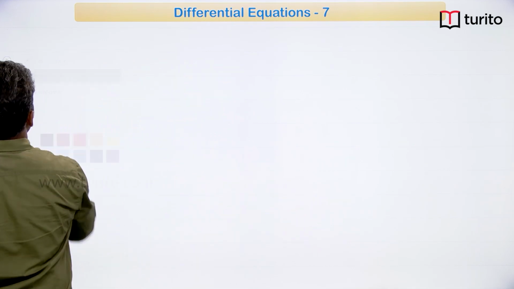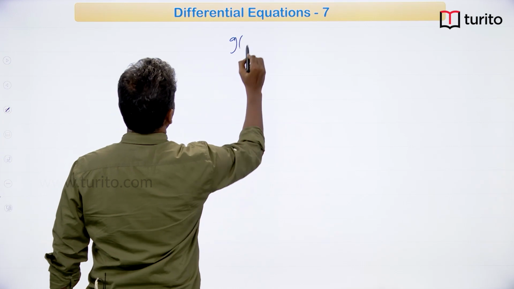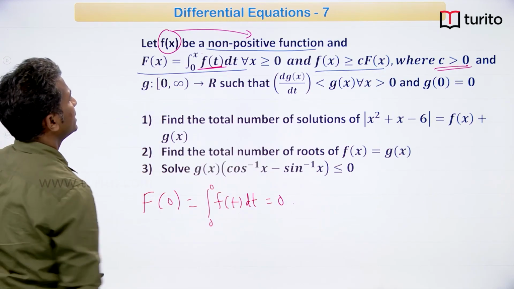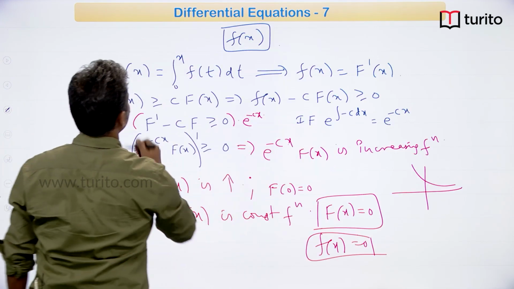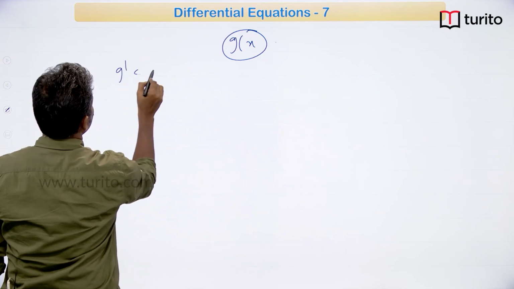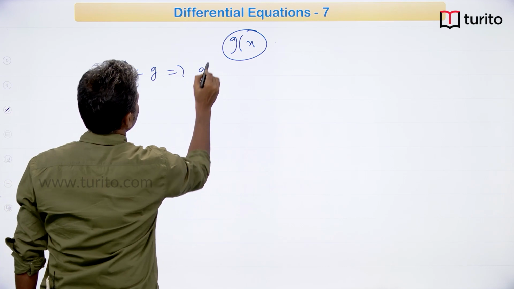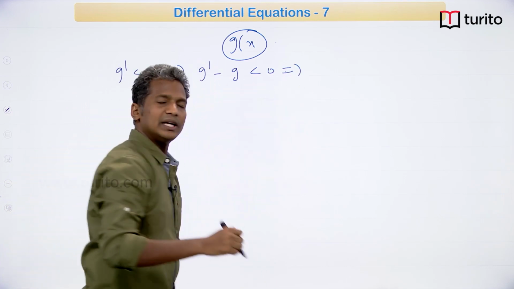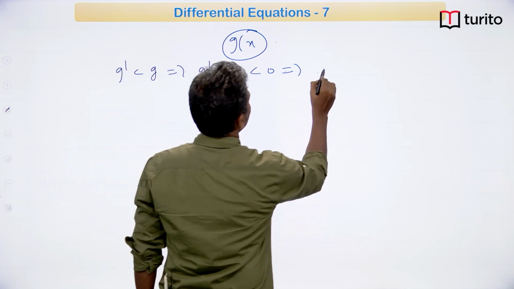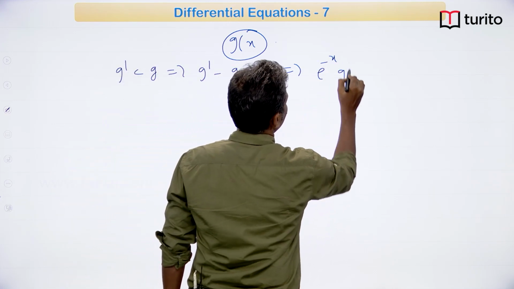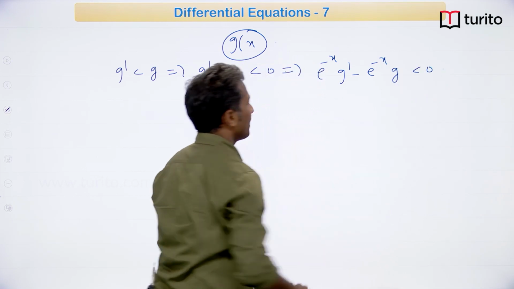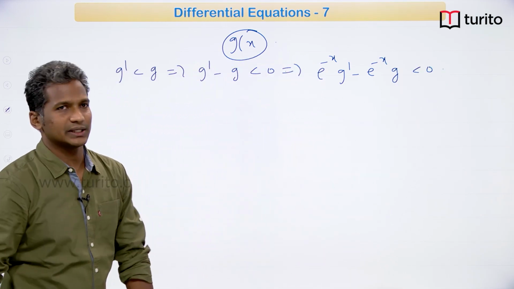Now let us look at the g of x function. So what is the given condition here? G dash is less than g of x, okay? So g dash is less than g of x, which implies g dash minus g is less than 0. Here also we can multiply with the integrating factor, which is e raised to minus x, into g dash minus e raised to minus x into g, this is less than 0. Basically I multiplied with e raised to minus x.